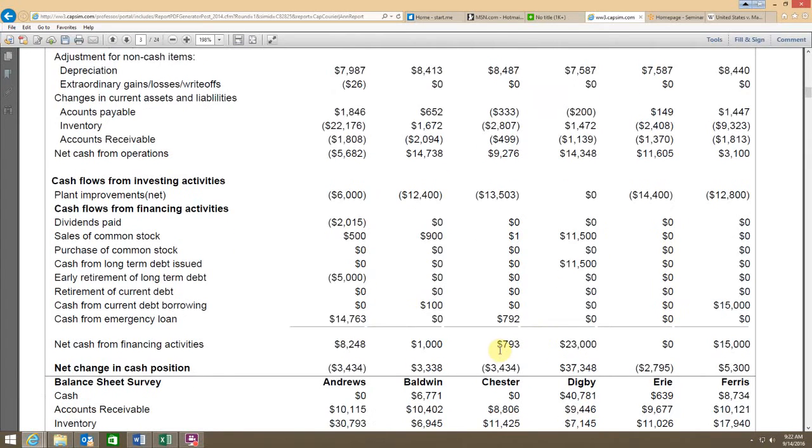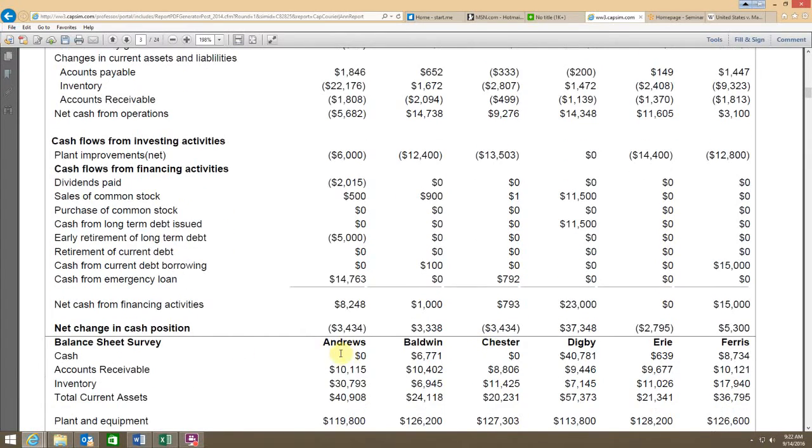So we come down, and we would assume Andrews and Chester would have zero cash. Look at Erie. They're just right on the edge of needing an emergency loan, whereas Digby has nearly $41 million in cash. So what's good cash management? Well, cash is king, and all those other sayings are wonderful.